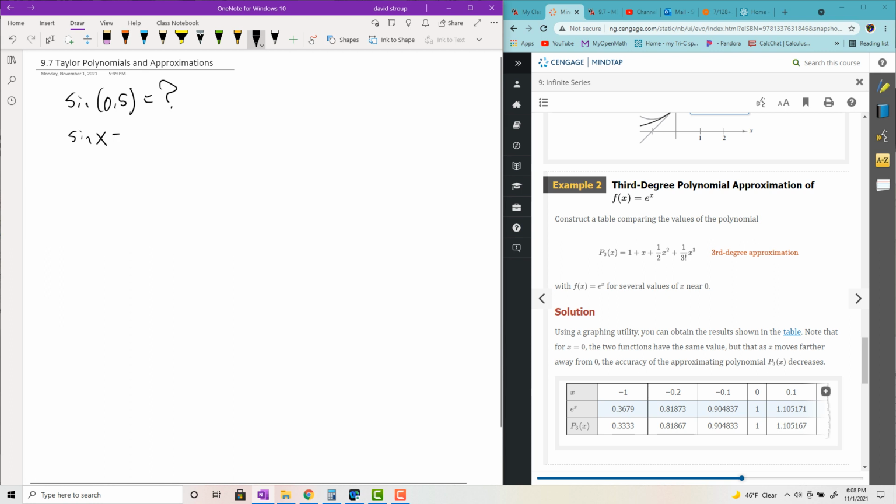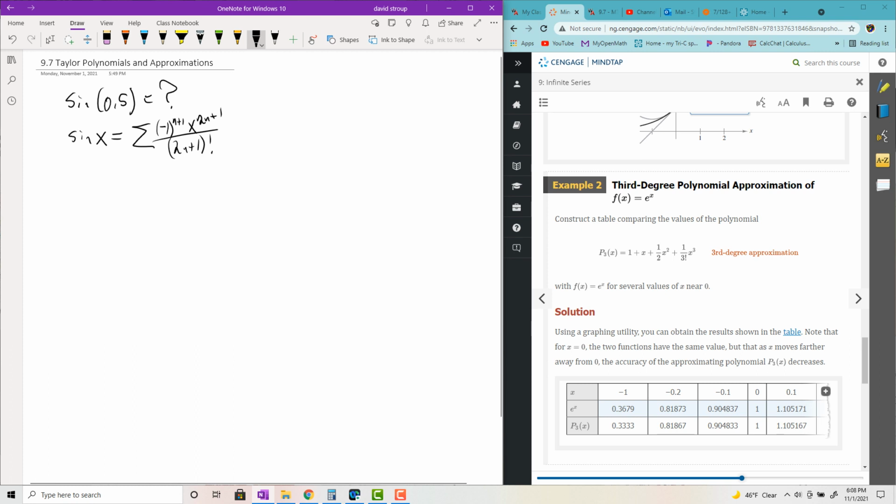So sine of x we'll think of as a series, in particular the series of -1 to the n plus 1, I believe, and then x to the 2n plus 1 all over 2n plus 1 factorial. It'll turn out that those things are the same, and we could use that to do an approximation of sine for any value we want.